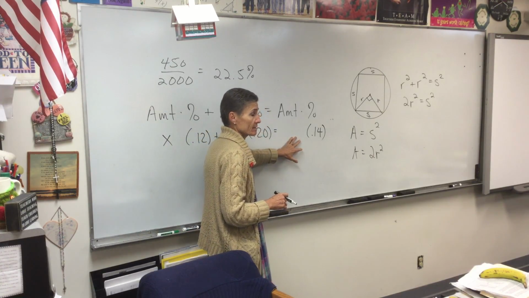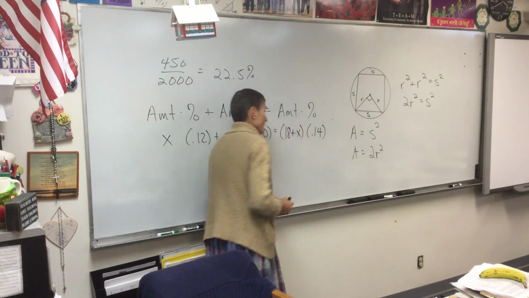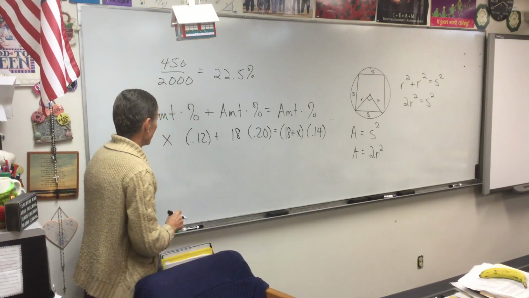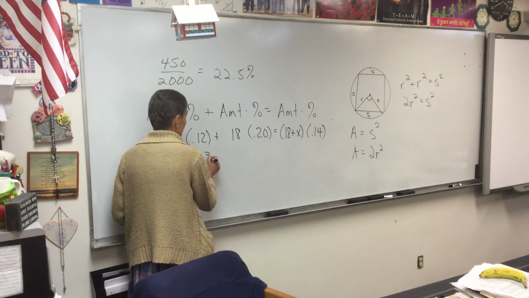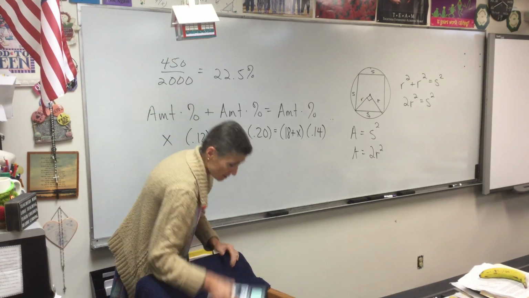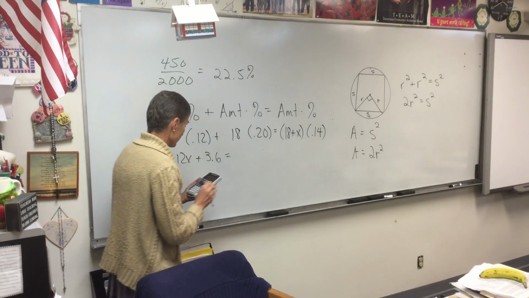Not 18x, 18 plus x. I have 18 gallons plus x gallons all dumped in there together. So doing my arithmetic, I should be able to get an answer pretty easily.